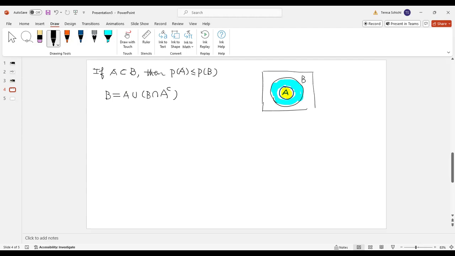Now I can say the probability of B is equal to the probability of A plus the probability of B intersect A complement. Why? The reason I can do this is because A and B intersect A complement are mutually exclusive.